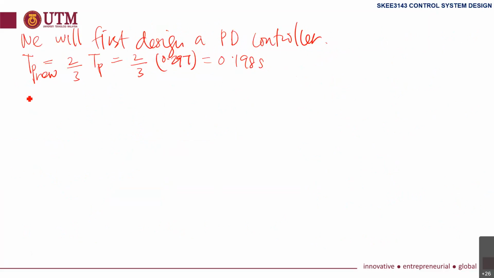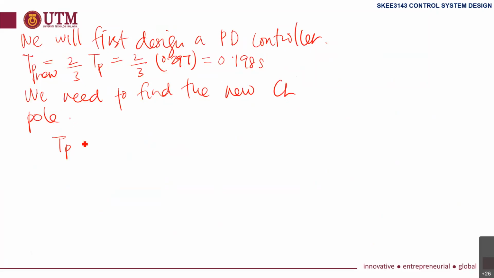So next, we need to find the new closed loop pole. To achieve that, TP equal to pi over omega D is 0.198. Then we get new omega D, pi over 0.198, which is 15.86.